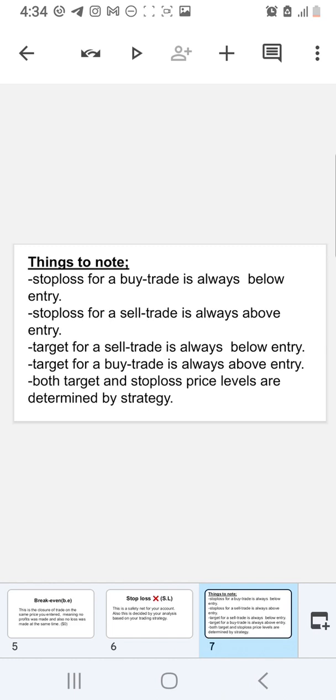The target for a buy trade is always above entry. Both your target and your stop loss price levels are determined by the strategy you're using. So based on your strategy, you'll be able to know where to set your take profits, and where to set your stop loss.